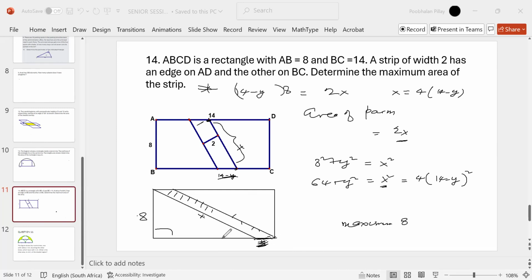If I made this Y, and that is 14 minus X, then I'll have a nice equation. I'll have Y times 8 equals 2 times X. So I'll get X is equal to 4Y. And that is much easier to work with. See? So you can try this problem. Again, it's a demanding problem. And thank you for your attention.